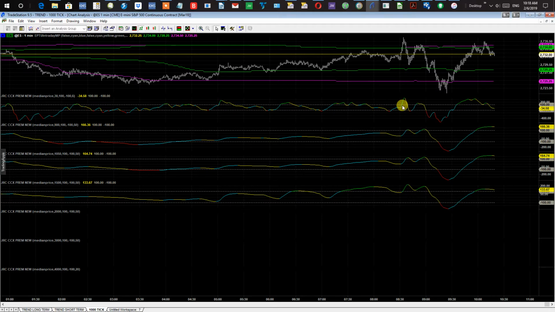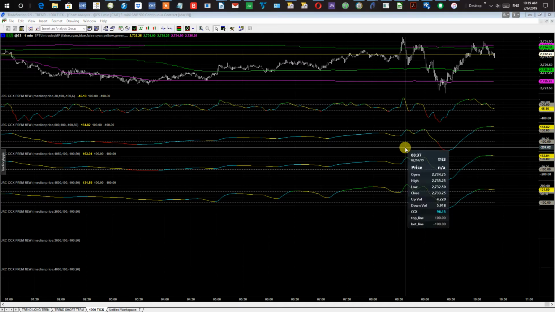So instead, what I did is I looked at some of these other indicators here, and I paid close attention to the CCX at 900 or at 1050. And when that got to be over 100, that's when I'm starting to look at executing this trade.